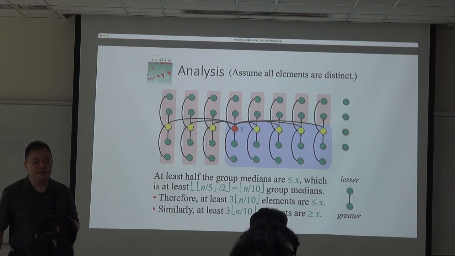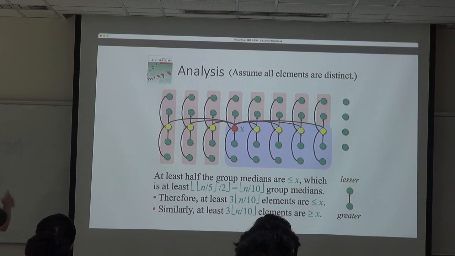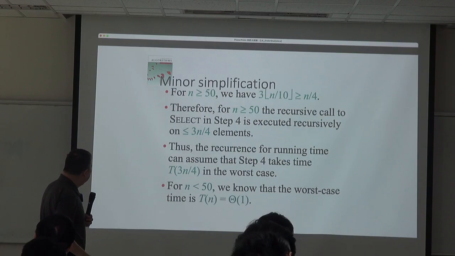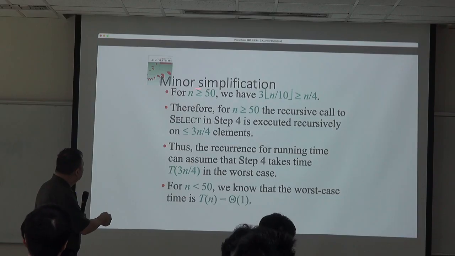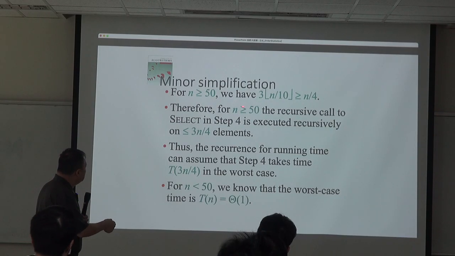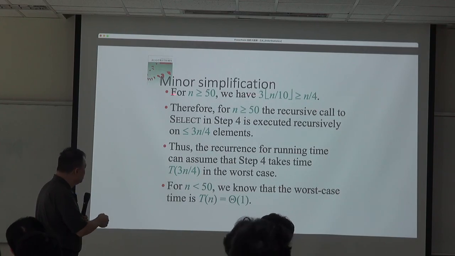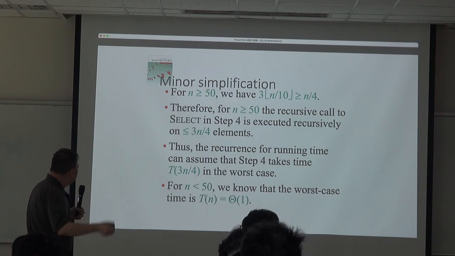So then, for n greater or equal to 50, we have 3 times n divided by 10, floor, is greater or equal to n divided by 4. I think this is easy. You can easily check that. But anyway, the important thing is this.